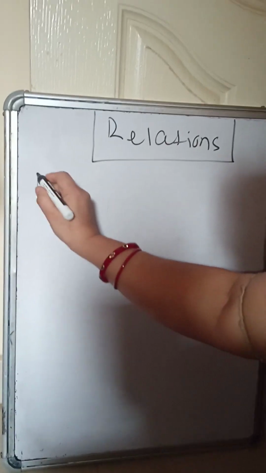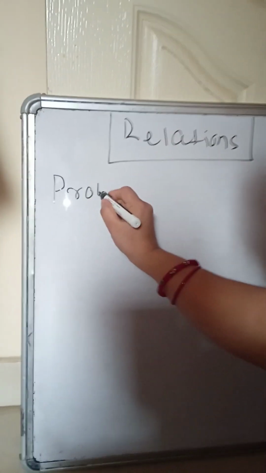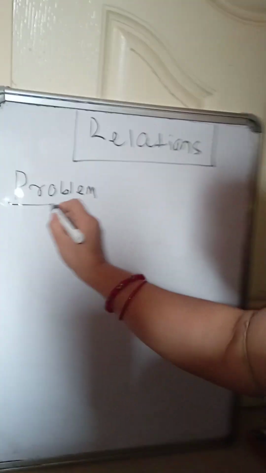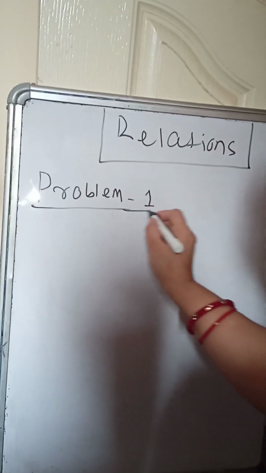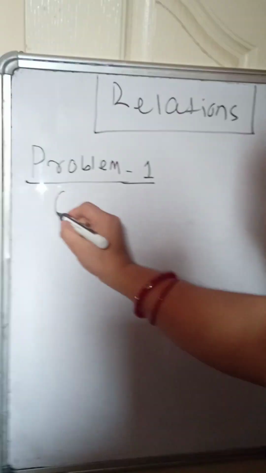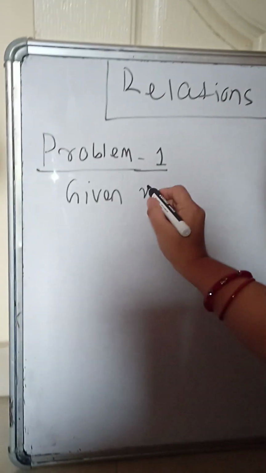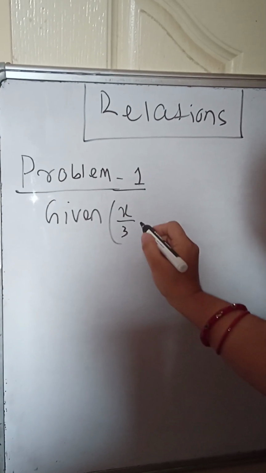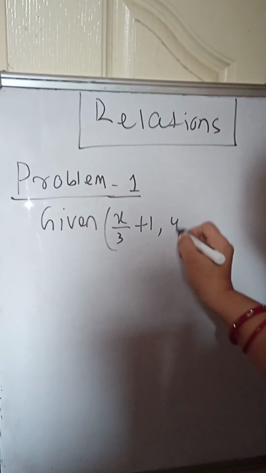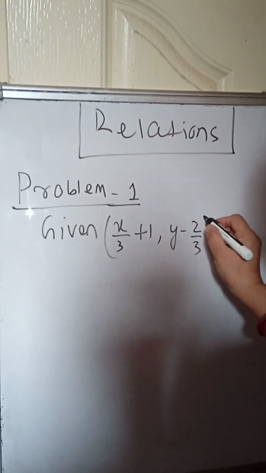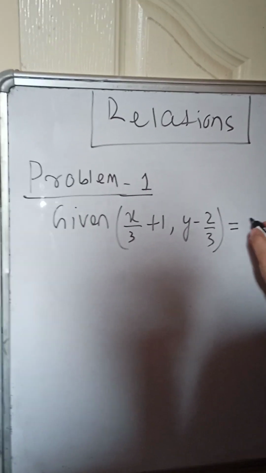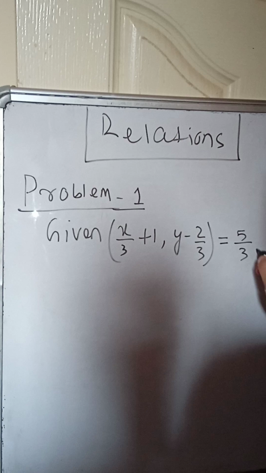So based upon the Cartesian product, let us solve some problems first. First problem: you are given the ordered pair (x/3 + 1, y - 2/3) equal to another ordered pair on the right hand side, (5/3, 1/3).